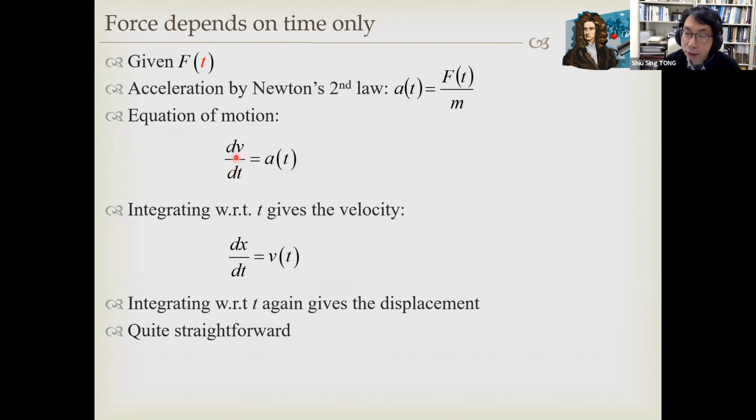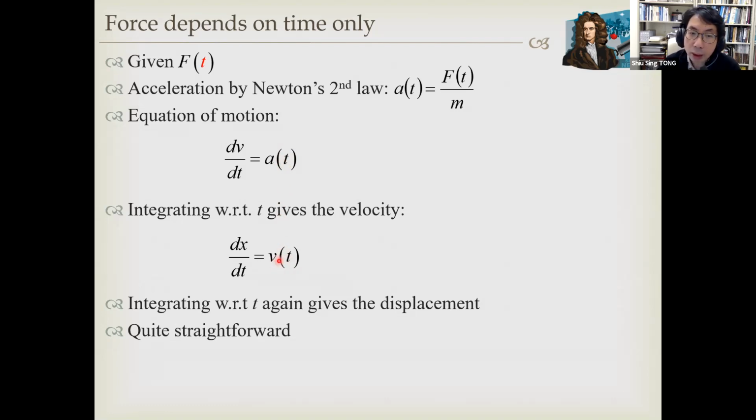That equation of motion is dv/dt, which is the acceleration, equal to a known function a as a function of time. So you can see, since the right-hand side is a known function in t, you can integrate this equation to give the velocity.